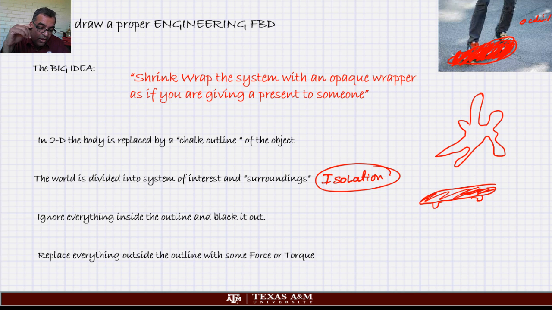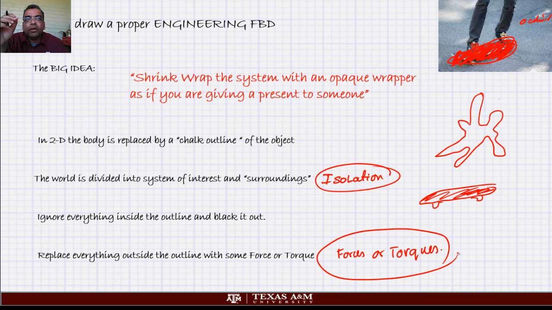Now the next thing is we're going to replace everything outside the skateboard with either forces or moments, or moments or torques. That's it. So the entire external world is represented by forces or torques. And this representation of the external world with forces and torques is the hard part about a free body diagram.